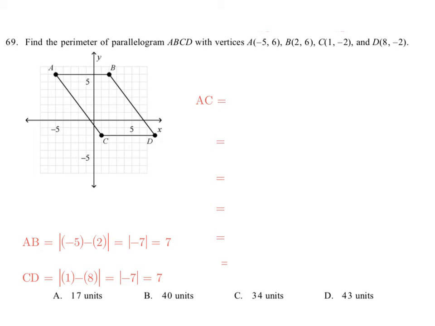Now, what I want to quickly show you is this segment A to C right here is the hypotenuse of a triangle, and that triangle has the exact same legs in the right triangle as this one does.